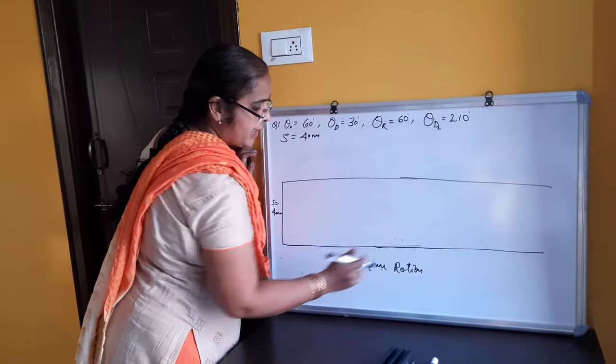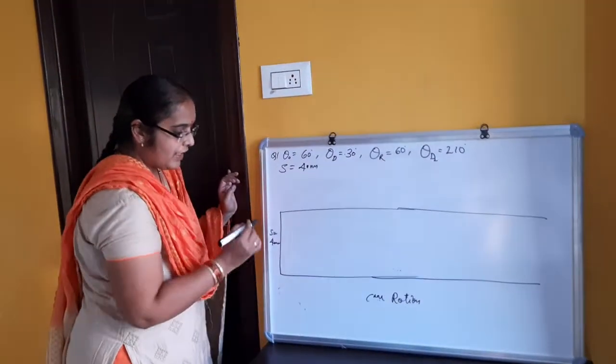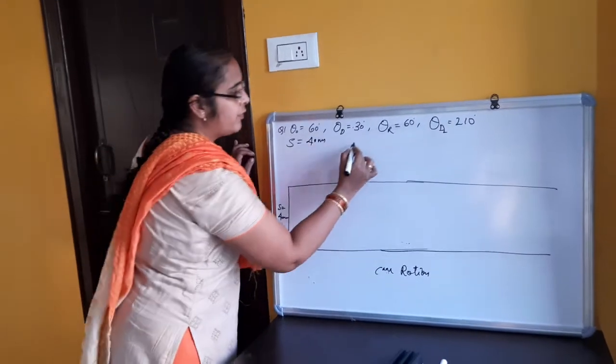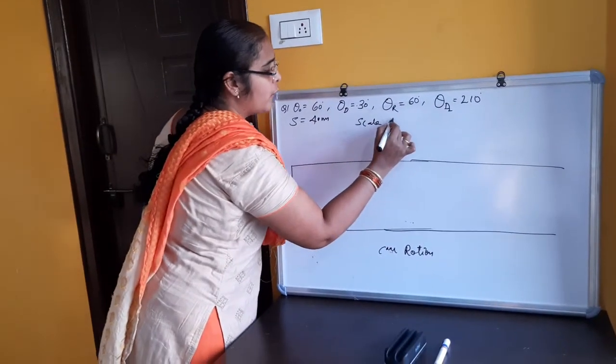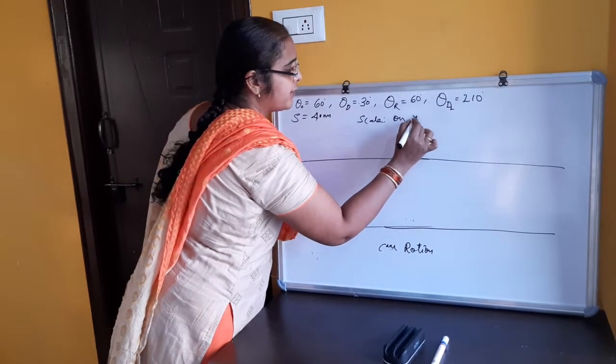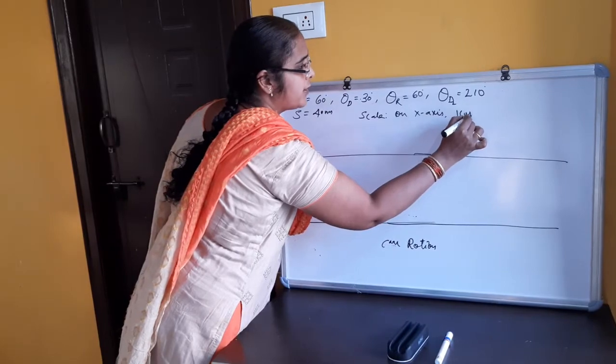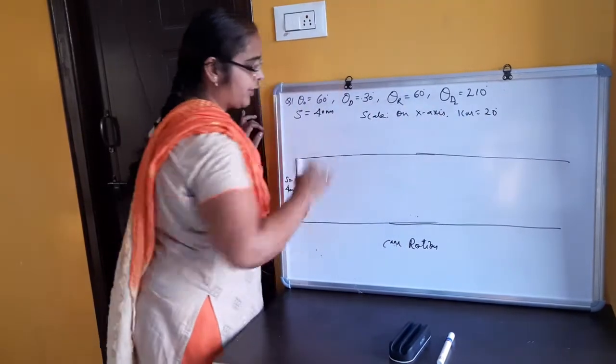Along the x-axis I have taken cam rotation, which is in terms of degrees. So let me take a scale of 1 centimeter on the x-axis, 1 centimeter is equal to 20 degree of cam rotation.